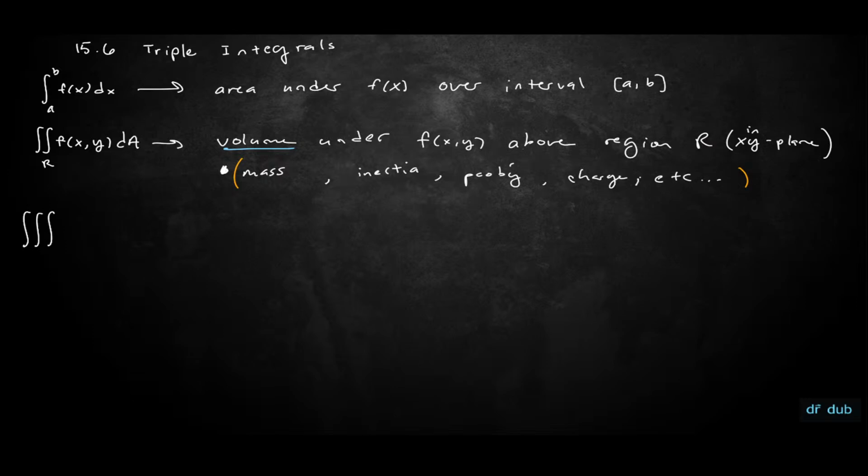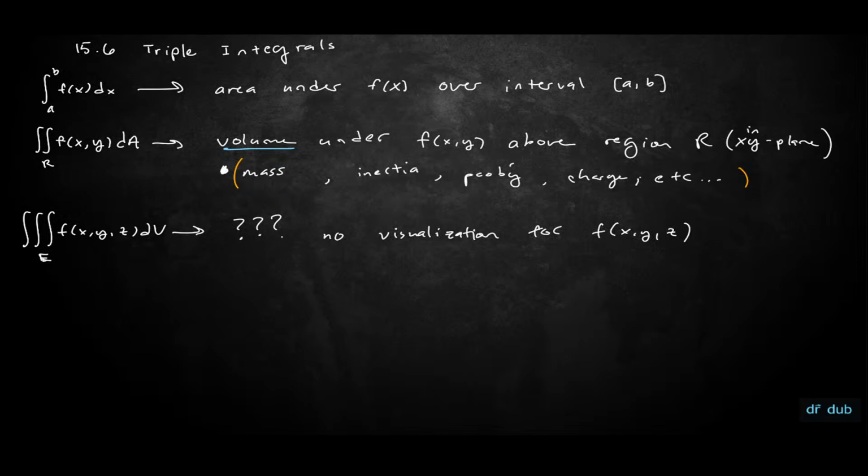Now, a triple integral over some solid region, we'll call it E, f of x, y, z dV, what will that represent? I don't know. There's no visualization for f of x, y, z.